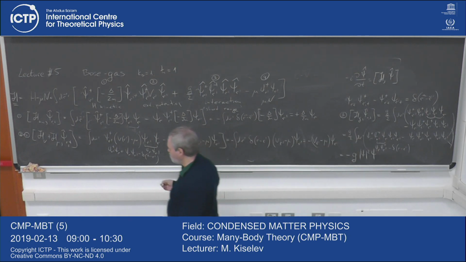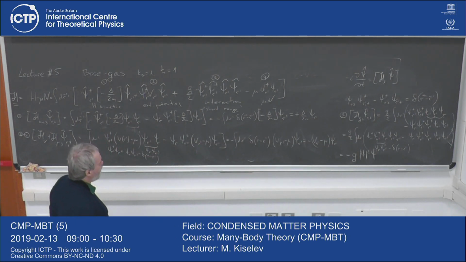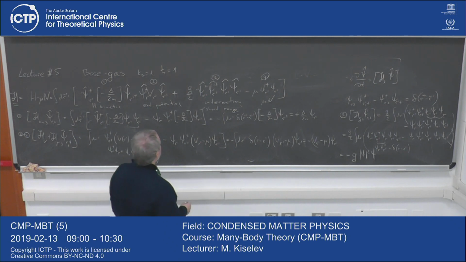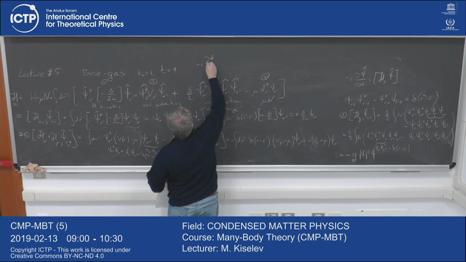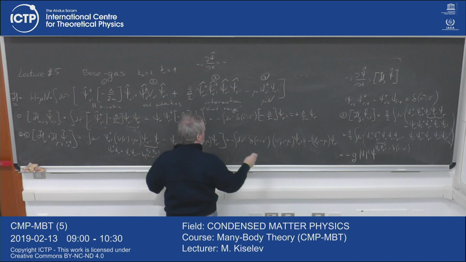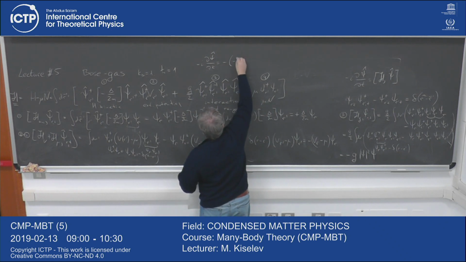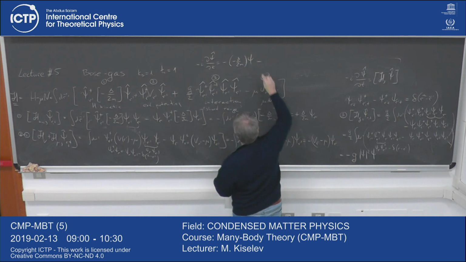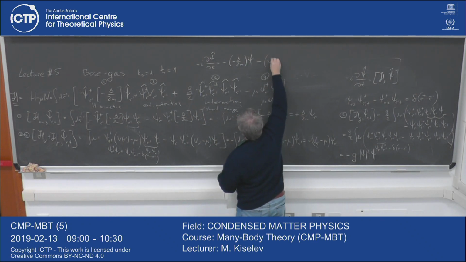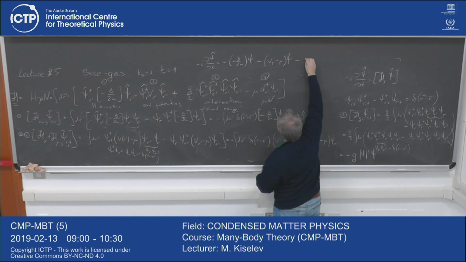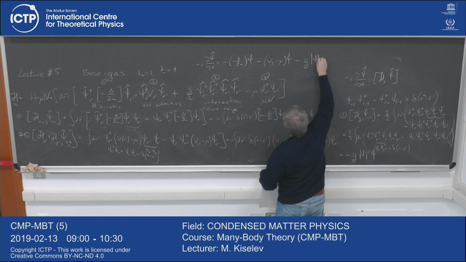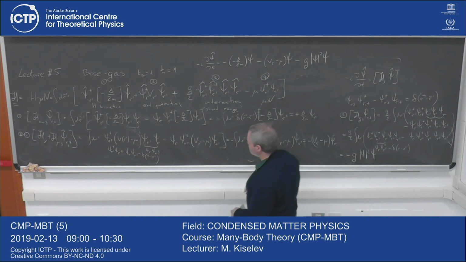Okay, so now I'm in a position to combine everything. Minus i d psi over dt is equal to minus minus nabla over 2m psi minus V(r) minus mu psi minus g modulus of psi squared psi.